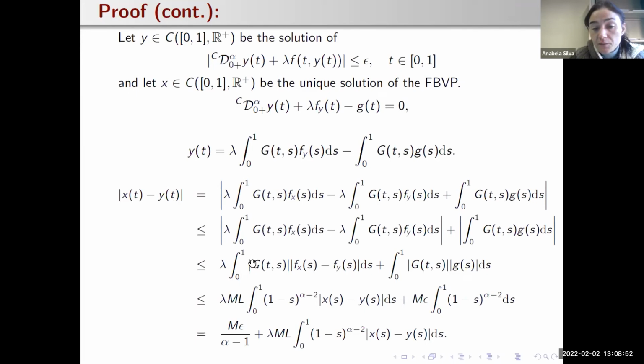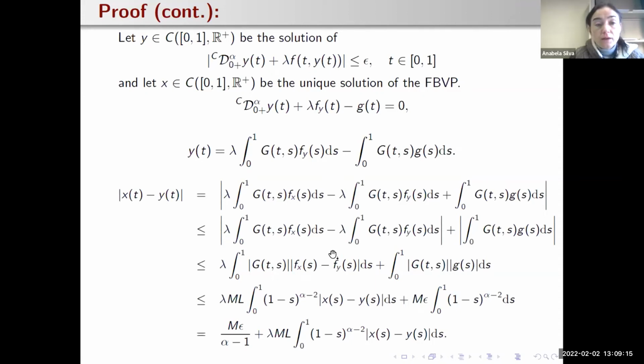We will use again the supremum of the Green function, and also we use the Lipschitz condition on f, which appears in here. When we obtain this expression, we have in here the modulus of x minus y, and we have again the modulus of x minus y in the integral.